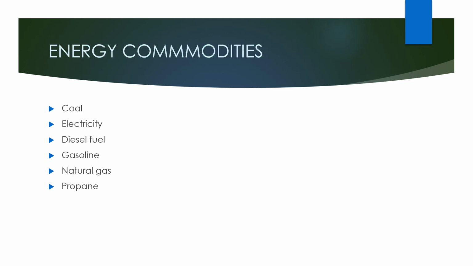The examples of energy commodities are coal, electricity, diesel fuel, gasoline, natural gas, and propane, and these energy commodities can be used to provide energy services for performing human activities such as water heating, cooking, or any other electronic activity.